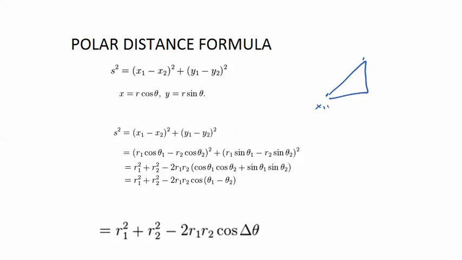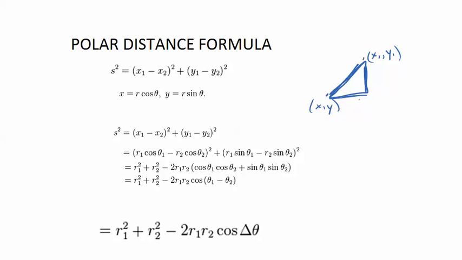If we have some x, y here and some x, y here, we would look at what's the difference on our x, and what's the difference on our y. That would give me some a squared plus b squared equals c squared business, which is exactly what we have over here. We have s squared equals (x1 minus x2) squared plus (y1 minus y2) squared.